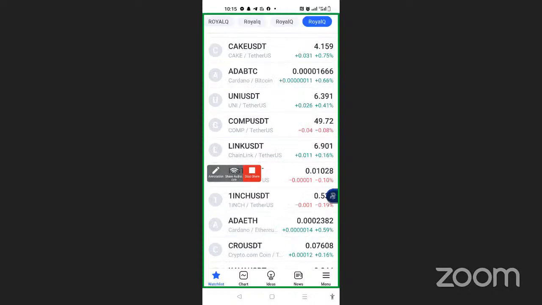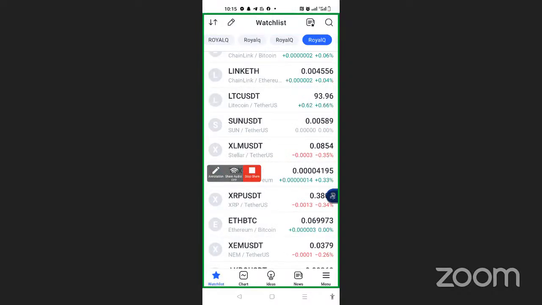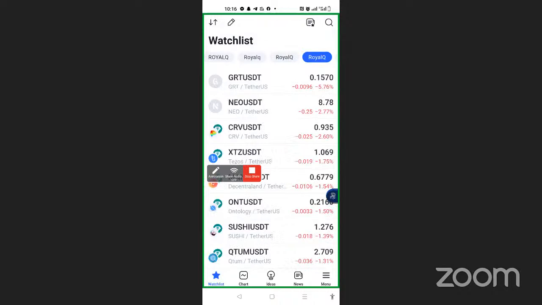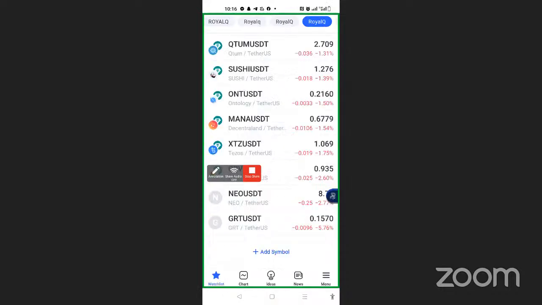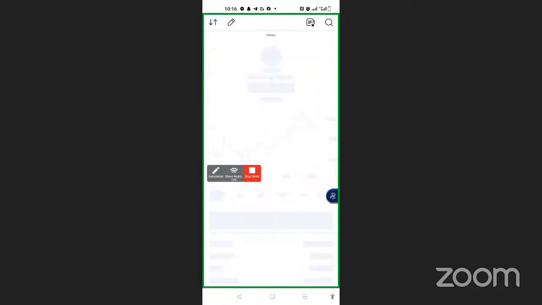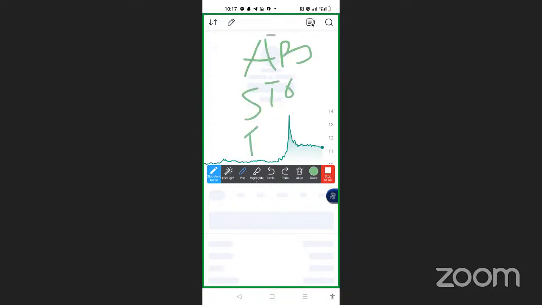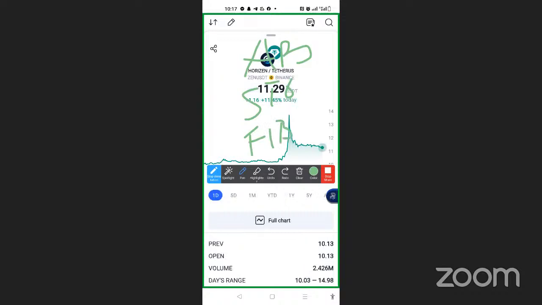I don't love GRT. So basically we are looking at using the ABC, the stochastic, and the Fibonacci. That's where I will keep my focus.